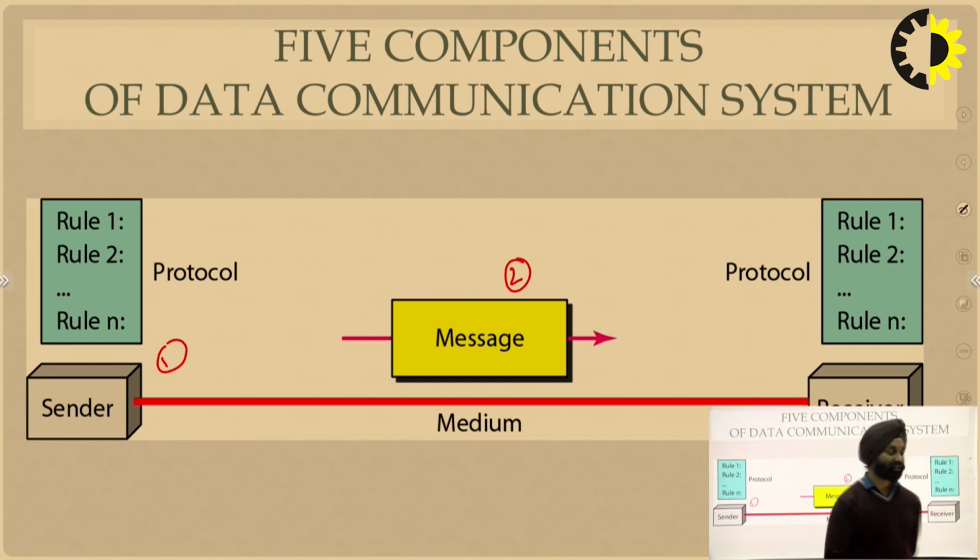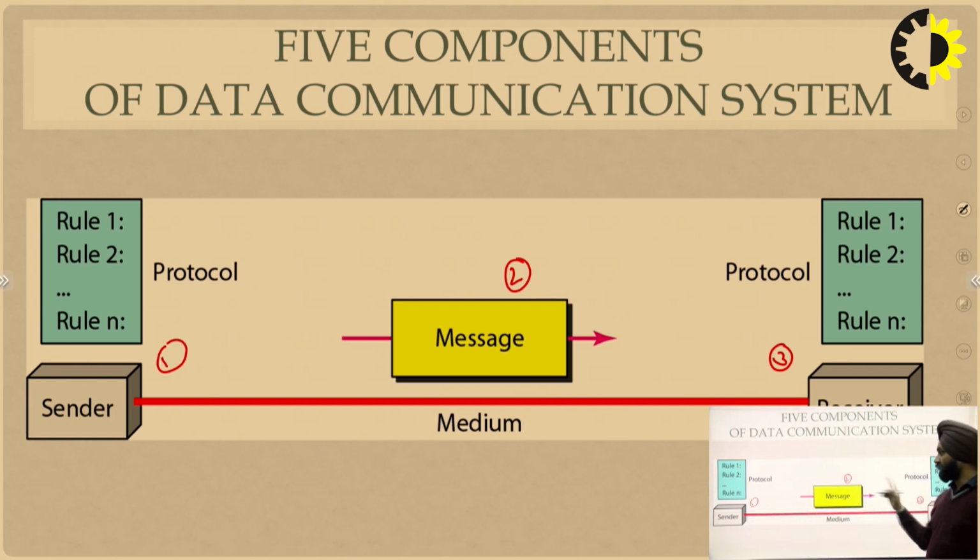Third is a receiver, which receives the message. Fourth, a medium is required to communicate between the two devices. So these are the four requirements of communication.